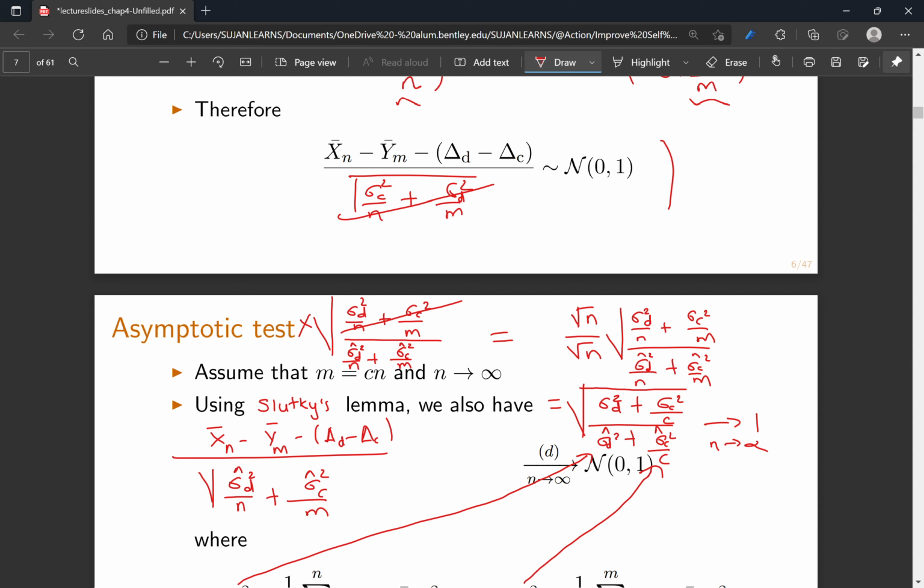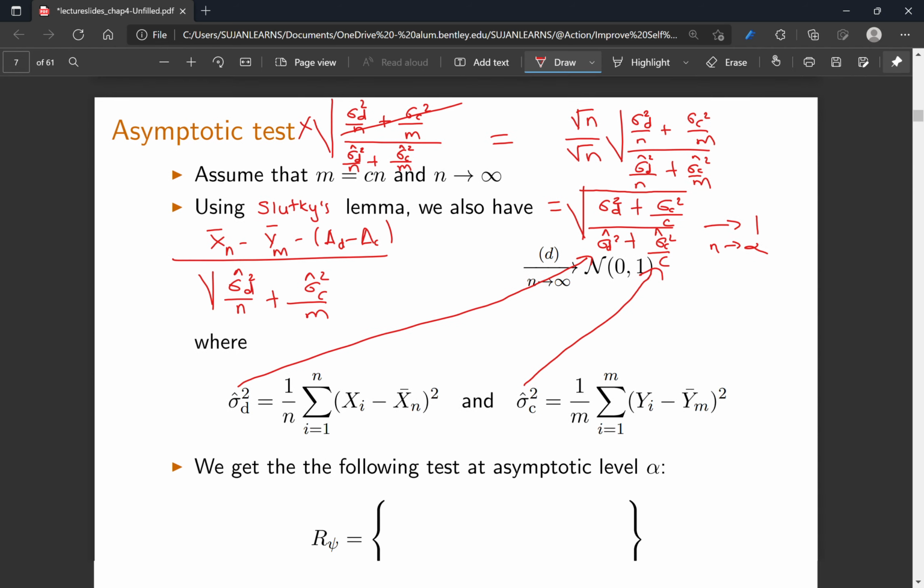Therefore, we used the continuous mapping theorem to get to an expression where we can use σ̂²d and σ̂²c, which can be calculated from sample values. And then we came up with an expression that can be used to test a hypothesis.